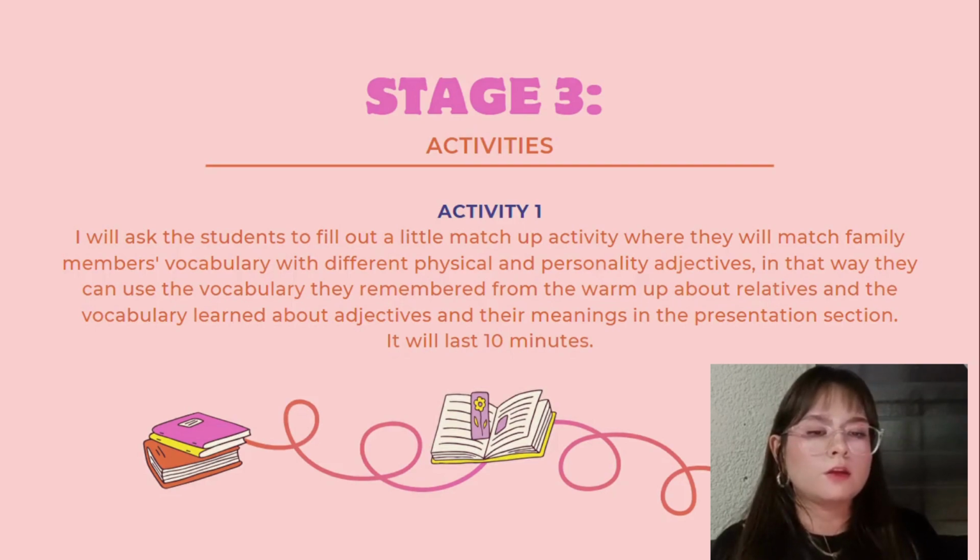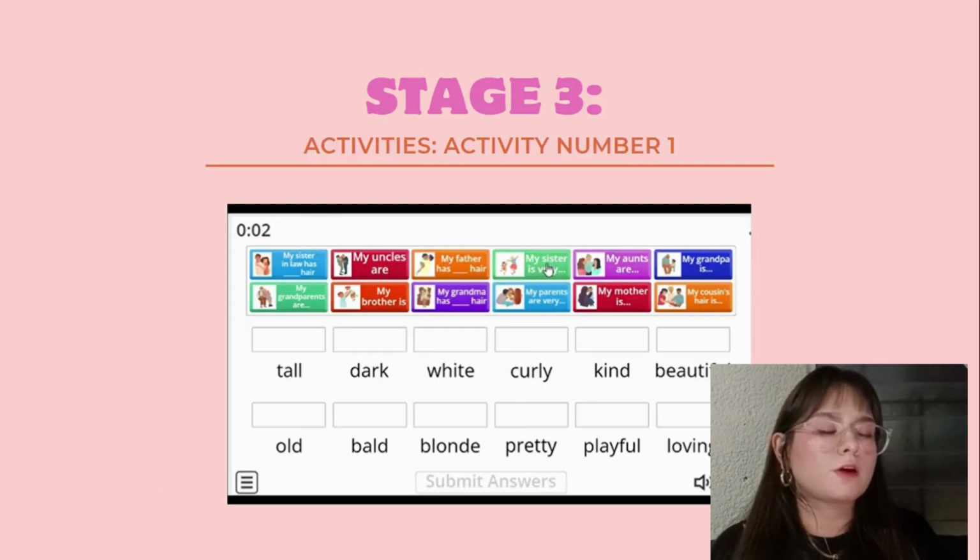In that way, they can use the vocabulary they just learned on the warm-up and the vocabulary that they learn about adjectives in the presentation. And this will last 10 minutes. Here is an example about the activity number 1.